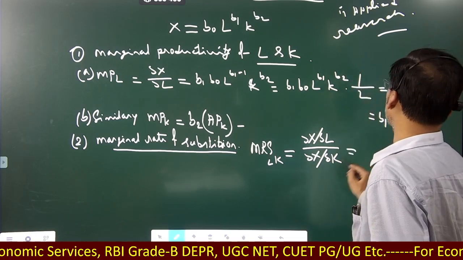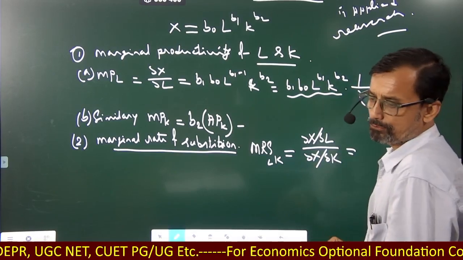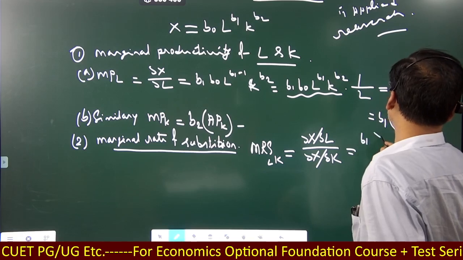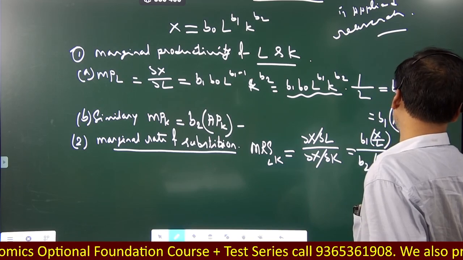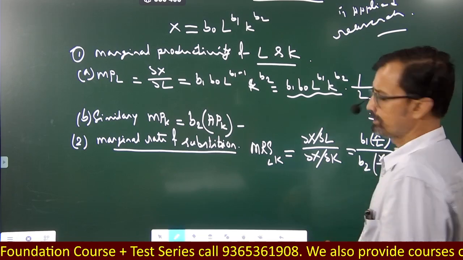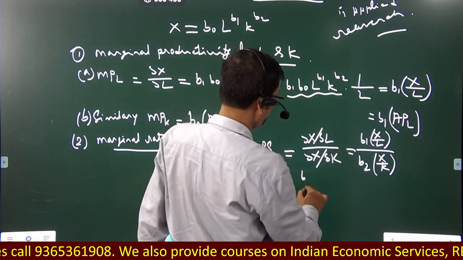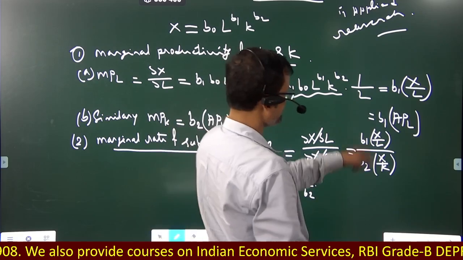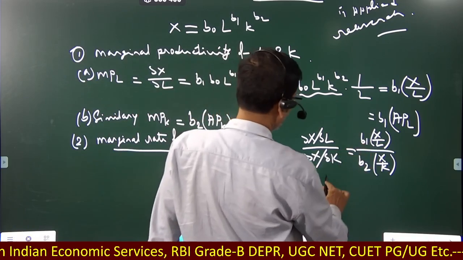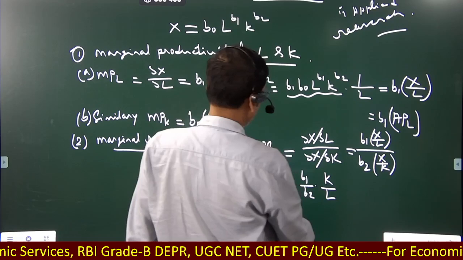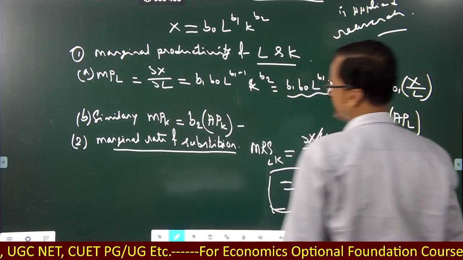We have already got these figures, so we can write B1 X by L divided by B2 X by K. Ultimately here B1 by B2, X cancels out, and we get K by L. This much will be the marginal rate of technical substitution of labor for capital.